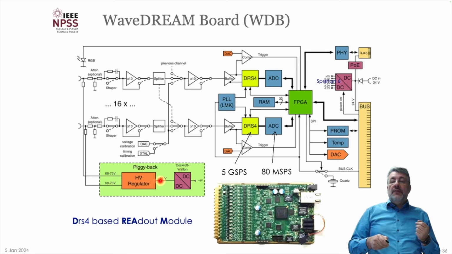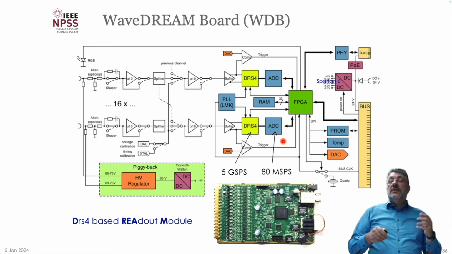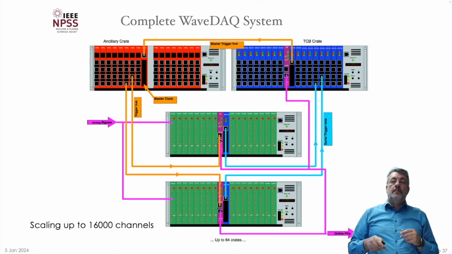We have a high voltage biasing also for silicon PMs, so they can be operated just with this board and no other hardware. On the board we have 2 DS4 chips which are read out by ADCs, and the ADCs also digitize with the 80 MHz the input signal continuously, which we use then for triggering in the FPGA and on a global crate and system level.